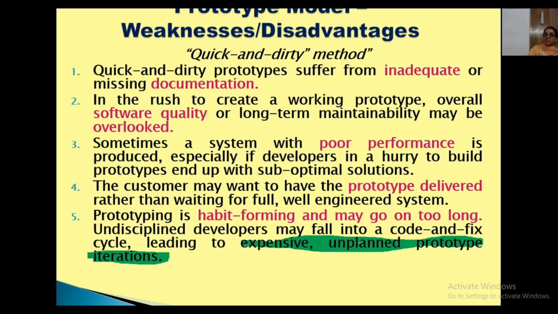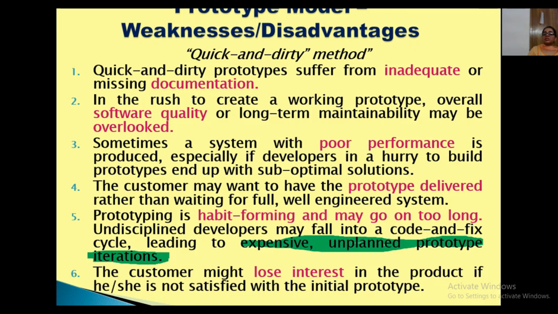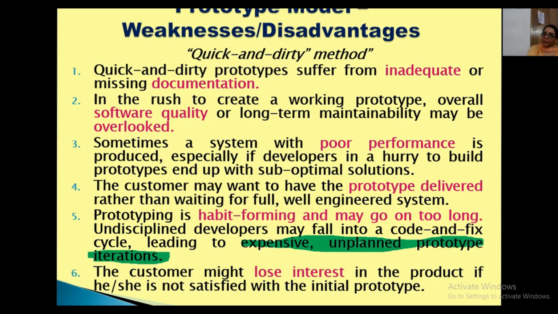So it can lead to expensive, unplanned prototype iterations. The customer might lose interest in the product if he or she is not satisfied with the initial prototype. It can happen that you generate the first prototype with which the user is not happy and the user says, leave this particular product here in between, I don't want to continue, and loses interest. So these are the disadvantages or weaknesses of your prototype model or the evolutionary prototyping model.